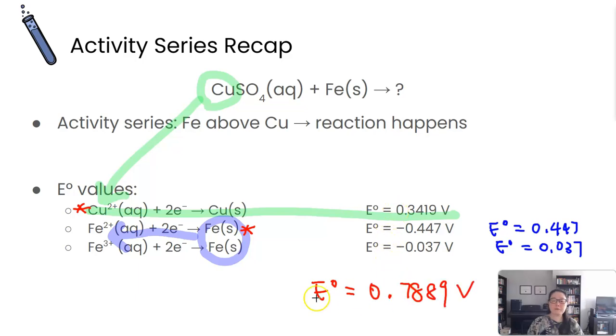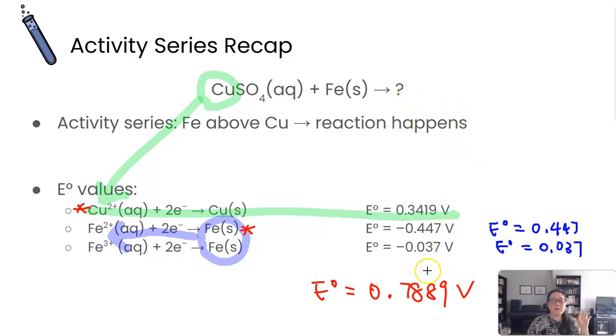Now that total is going to give you a positive E0 value, and because it's a positive E0 value, you are going to have this reaction happen spontaneously. So the conclusion of looking at the E0 values is that this reaction will happen spontaneously.